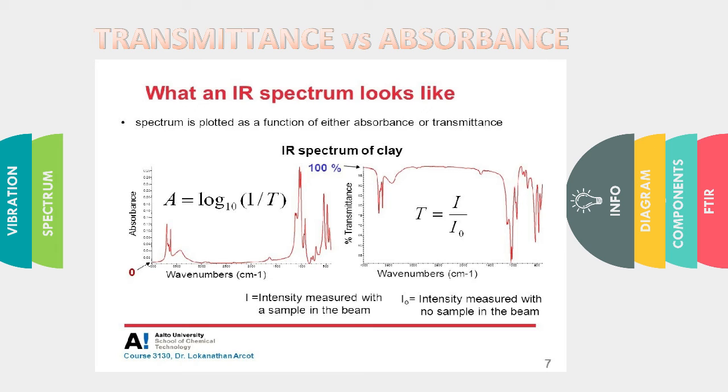The relationship between absorbance and transmittance is: if all the light passes through a solution without any absorption, then absorbance is 0 and percent transmittance is 100%, while if all the light is absorbed in the sample, then percent transmittance is 0, while the absorbance is infinite.